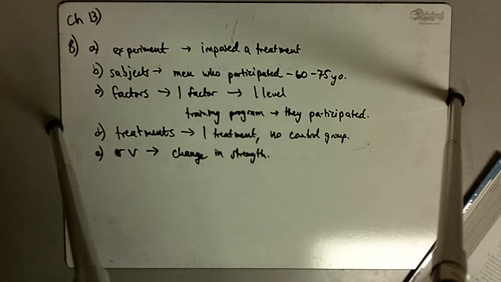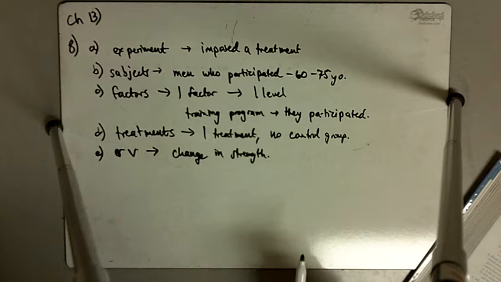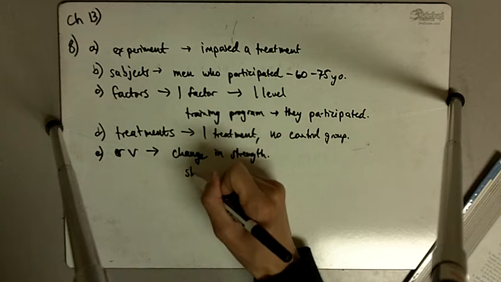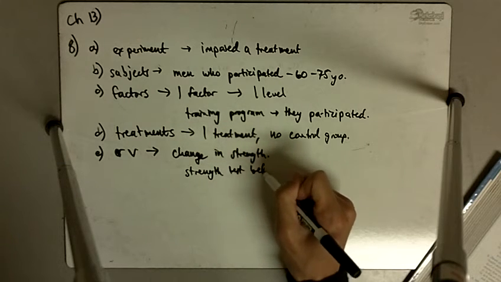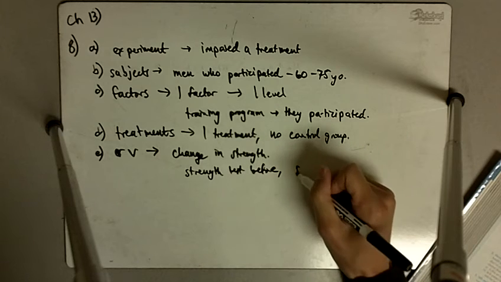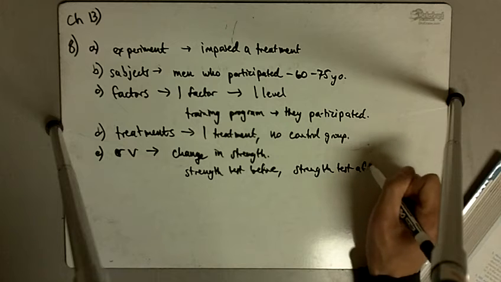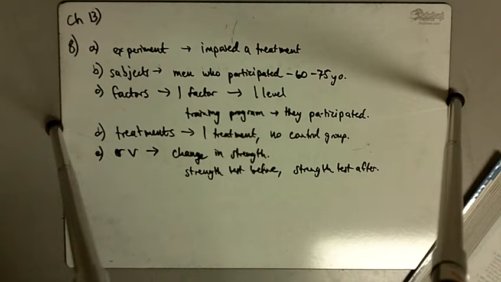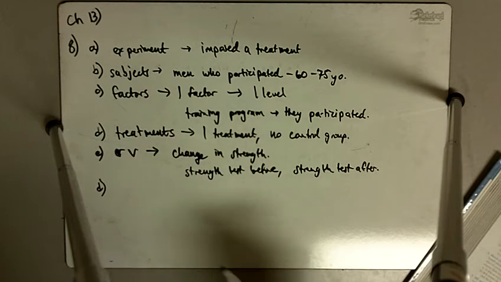It's not explicitly stated in the problem, but we have to assume that if they said they were 50 to 80% stronger, we must have had a strength test before the program and a strength test after. And so there was a change in strength, and that's what we're measuring.